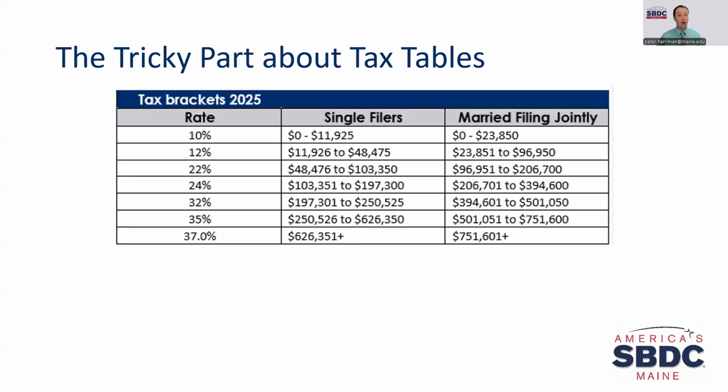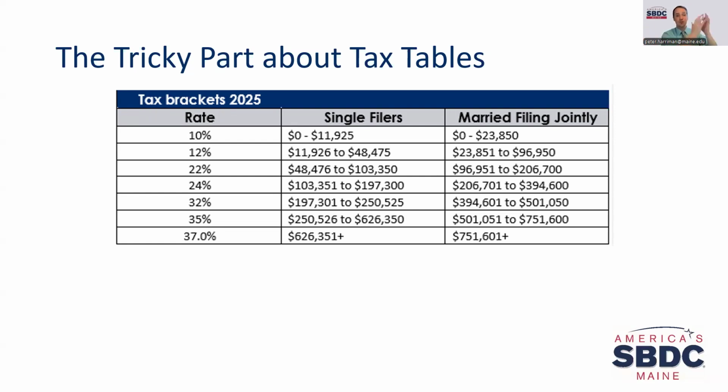So the tricky part about tax tables, if you're doing this manually, again, I have a sneaky trick in a slide or two. So when you're looking at the tax table, which changes every year, right? If you look at the single, it's a 10% tax rate from 0 to 11,925. Now, if you earn $12,000, it doesn't mean we're going to jump to the 12% tax bracket and all $12,000 will be taxed at 12%.